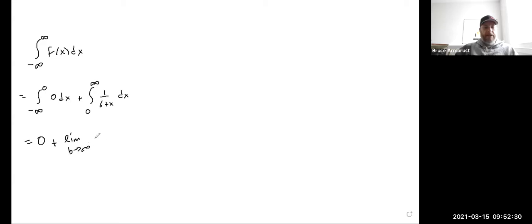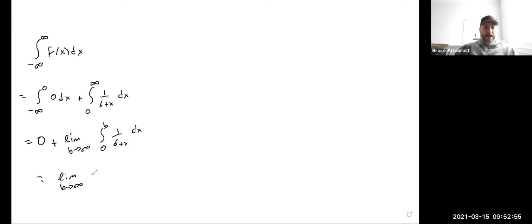Now, the other one, we definitely need to worry about the infinity. So I'll write the limit as b goes to infinity of the integral from 0 to b of 1 over 6 plus x dx. All right, and so this one we actually have to do. Well, that's a pretty easy integral to do.